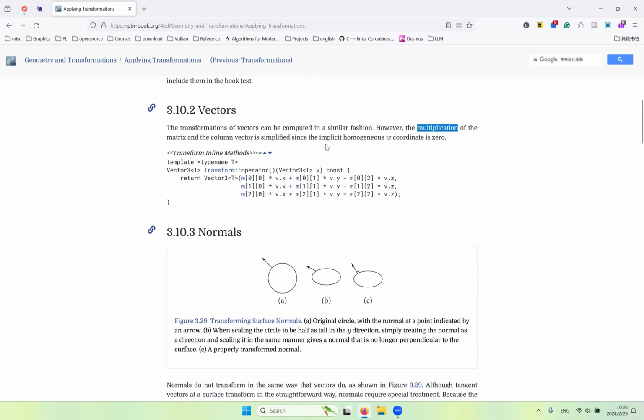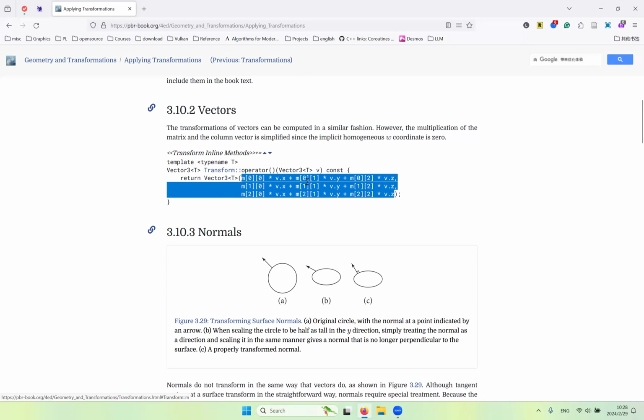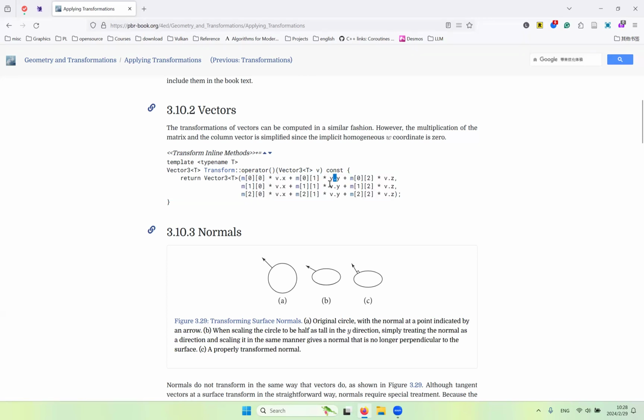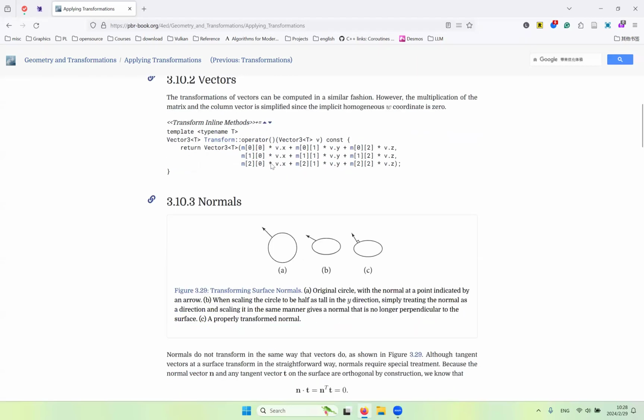The multiplication is simplified because the homogeneous W coordinate is 0. It just cancels out, so we don't need to do anything there. I think they should have provided some kind of slice notation for their matrix. I don't like that they do this the hard way, but I guess it works.